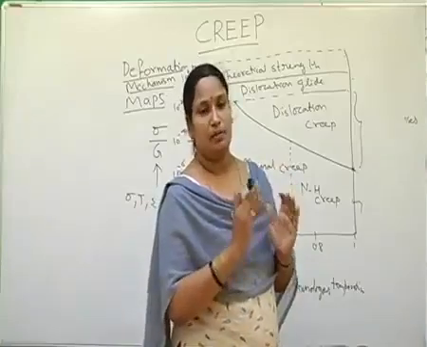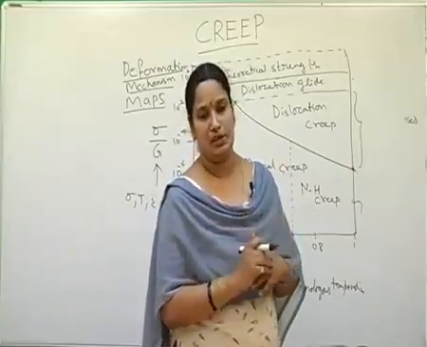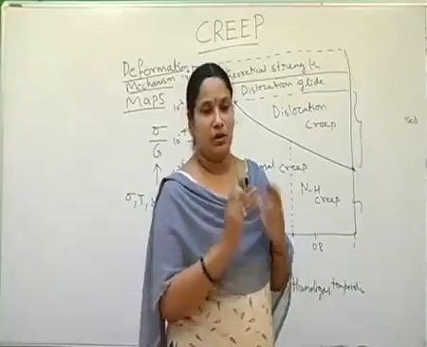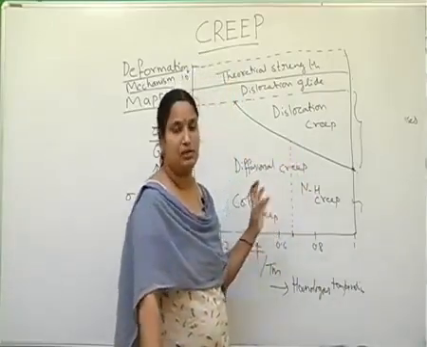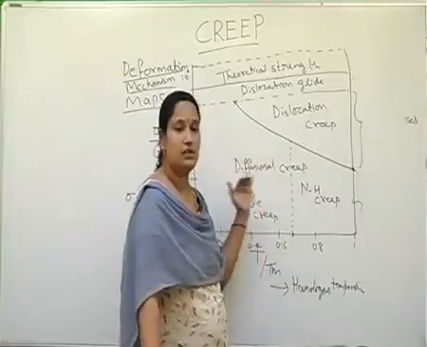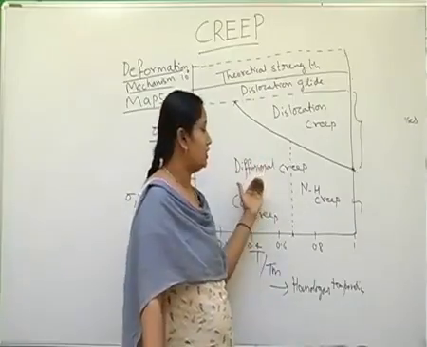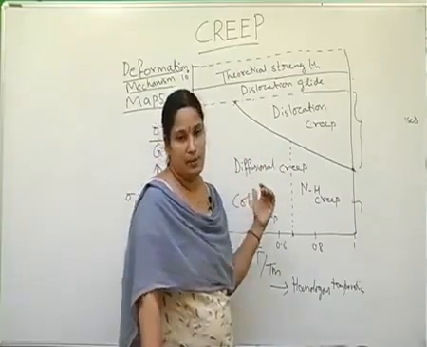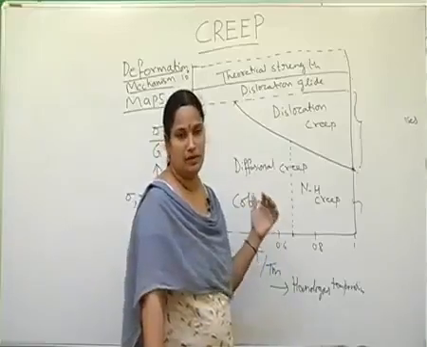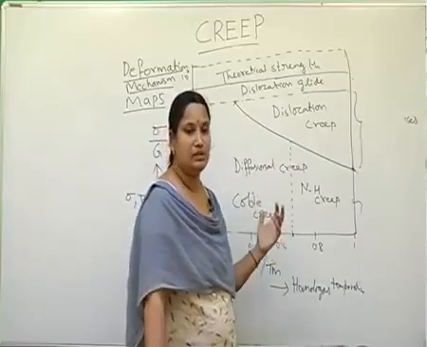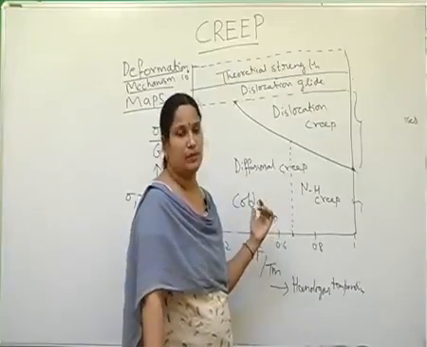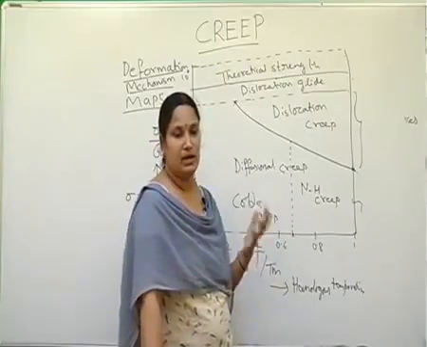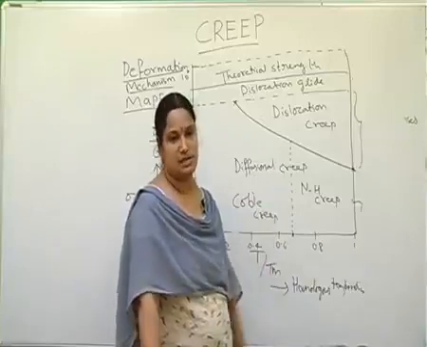By knowing the combination of stress and temperature, one can determine which region it falls in, and which creep deformation mechanism is the dominant one. So knowing that dominant deformation mode, one can make the alloy more creep resistant.